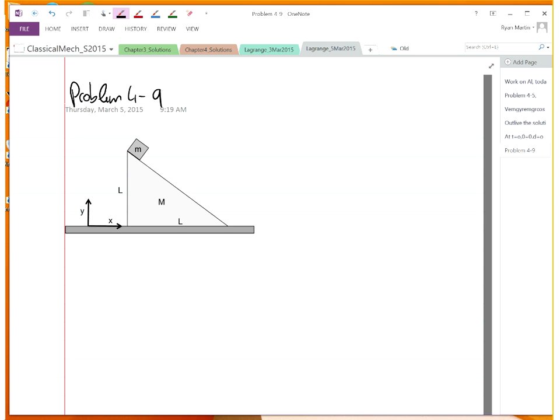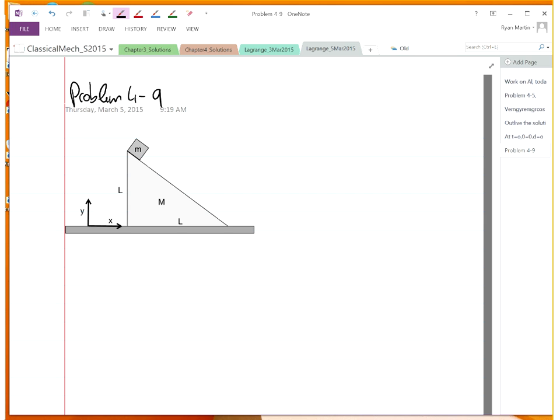On the little block m, you have a normal force and gravity. Then on the big block M, you have the reaction to the normal force, gravity, and the normal force of the ground on the big block. So you should be able to write out the equations of motion using Newton's second law, and it shouldn't be too difficult.